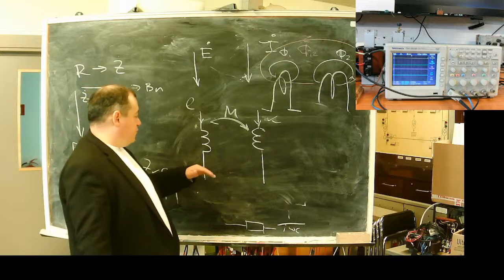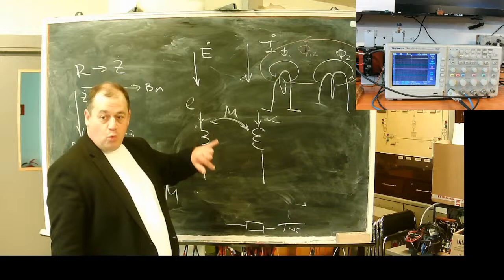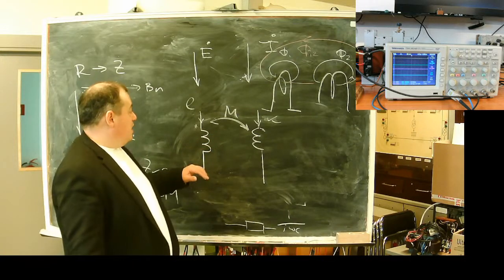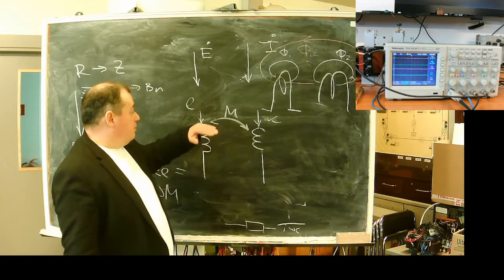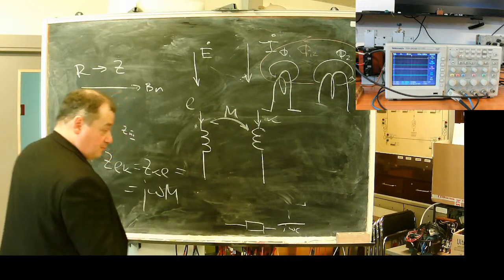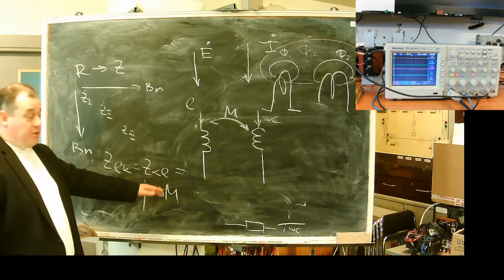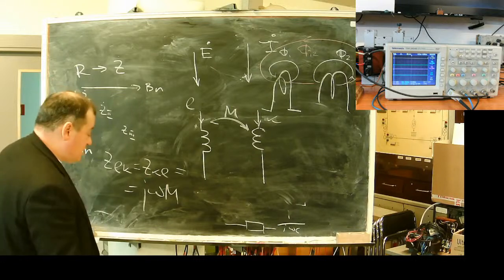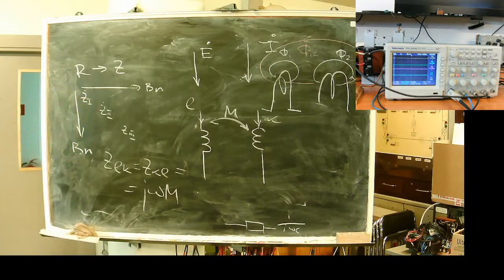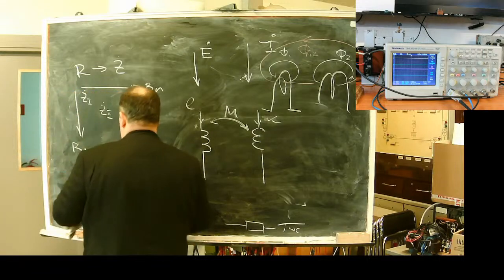If this is, for example, 1 and this 2, we will have elements 1,2 and 2,1 equal to j omega M, because it's induced the same way as it is with alternating flux, and everything will be okay.